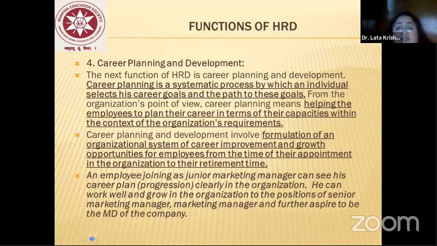When they have job satisfaction, when they have pride, and when they see that they are rewarded well, both monetarily and with rewards, which could be a prize or a recognition. And then they are also given promotions. So all these things have to be taken into consideration when we are talking about career planning and development.